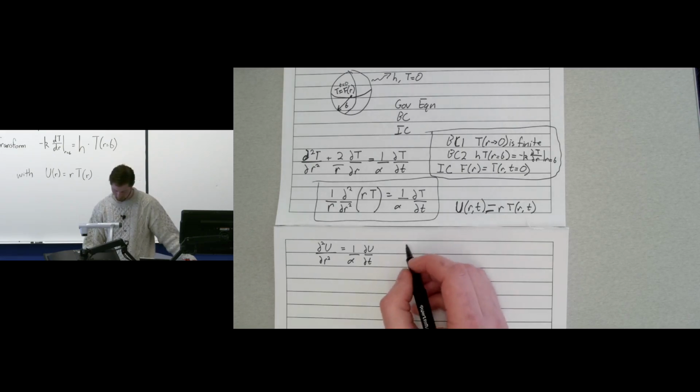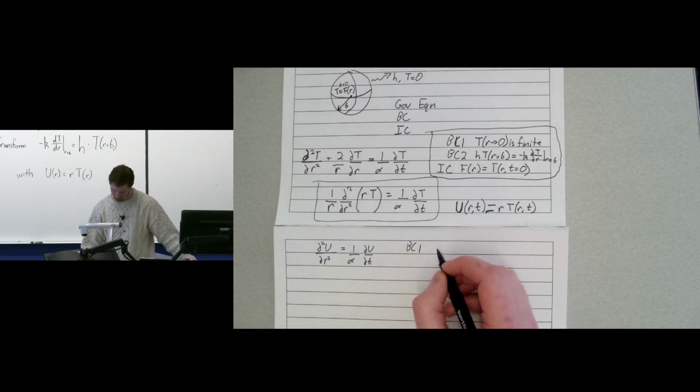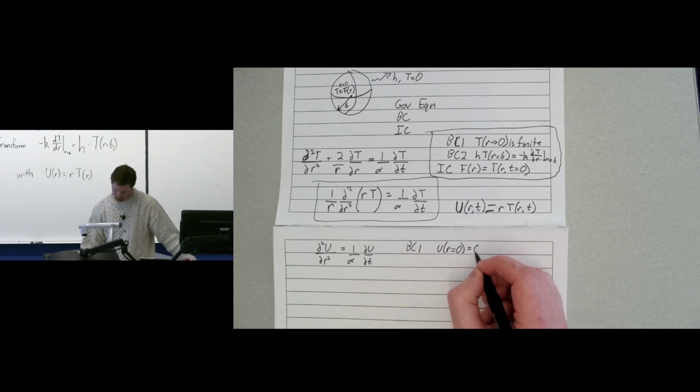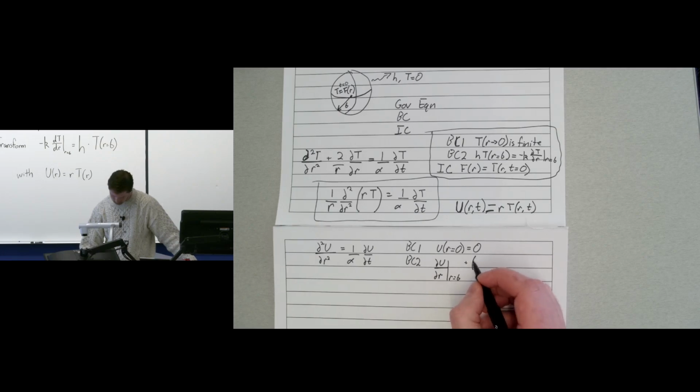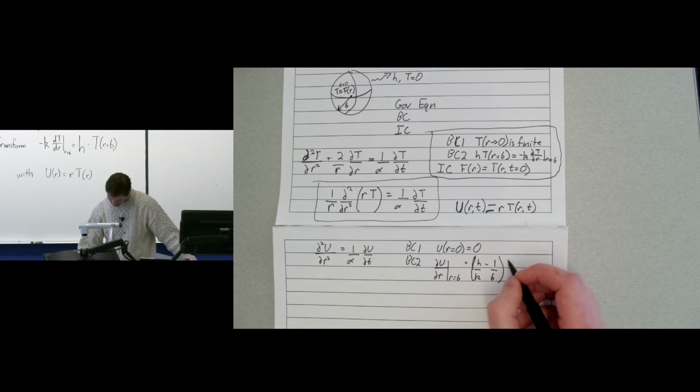All right, and then BC1 will now become u of r equals 0 is equal to 0. BC2 is going to be the partial derivative of u with respect to r at r equals b, plus h over k minus 1 over b, times u of r equals b, is equal to 0.